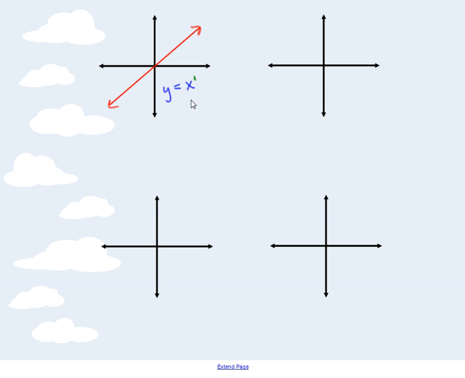Now, the higher the power goes, the more sort of wiggles or curves that are happening between here and here. But at the end, if the exponent is odd, it's essentially going to look something like this. If the leading coefficient is negative, then my graph, instead of going this way, would be mirrored so that it goes this way.